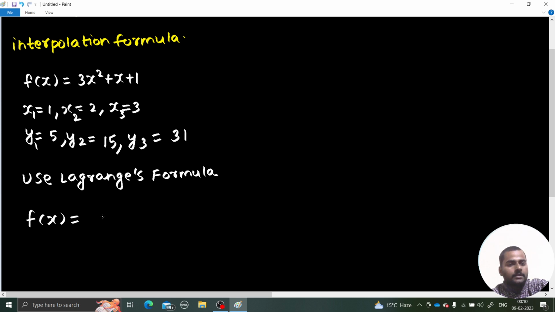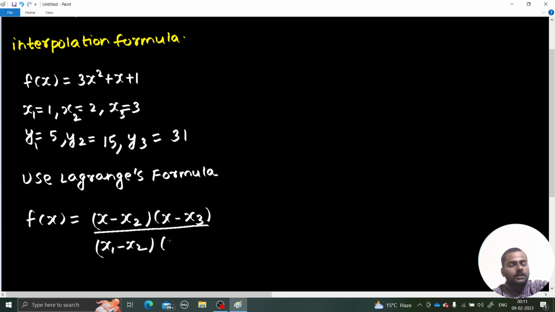First, it will be (x minus x2)(x minus x3). We are ignoring x1. And in the denominator, (x1 minus x2)(x1 minus x3) multiplied by f of x1.